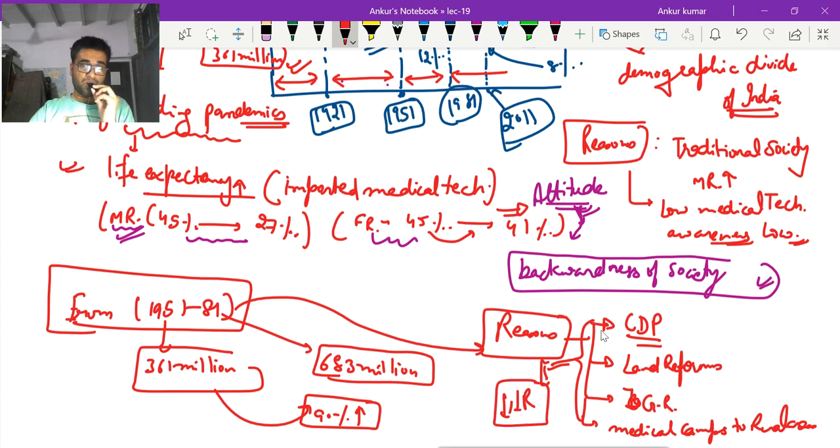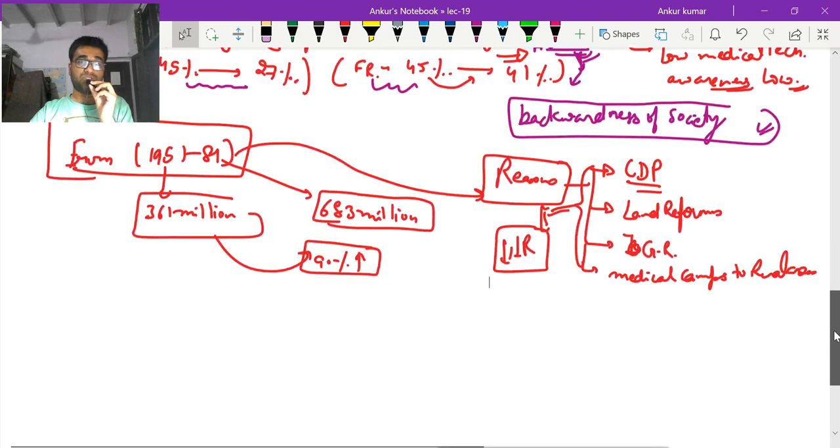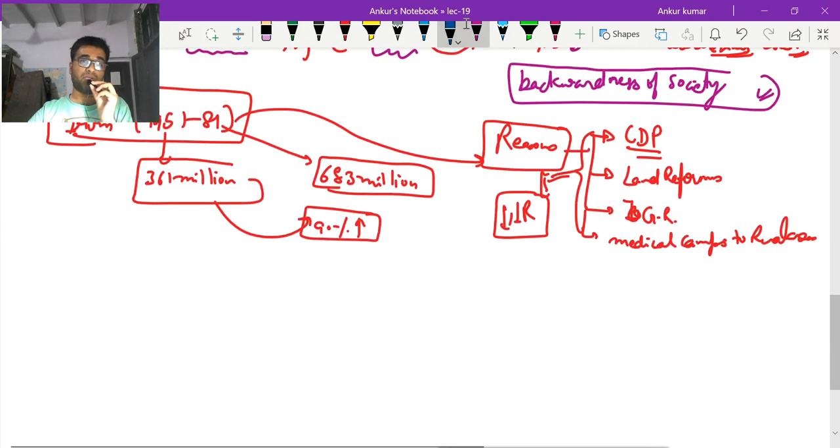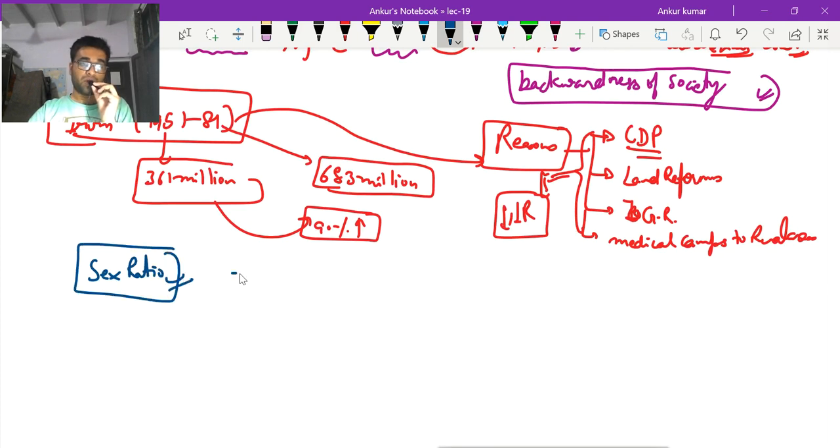But the fertility rate again remained high because the society remained backward, and there was a very meager attempt by the government to change the attitude of the population. For example, the sex ratio in India remains poor. However, the access to advanced medical facilities increased with time.